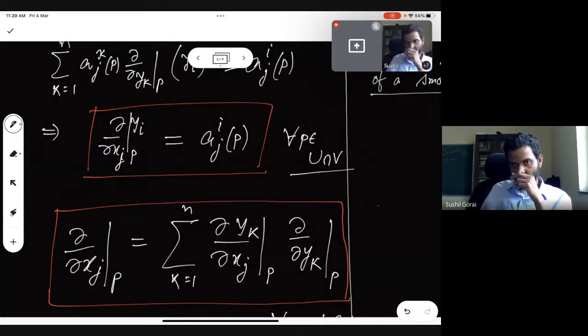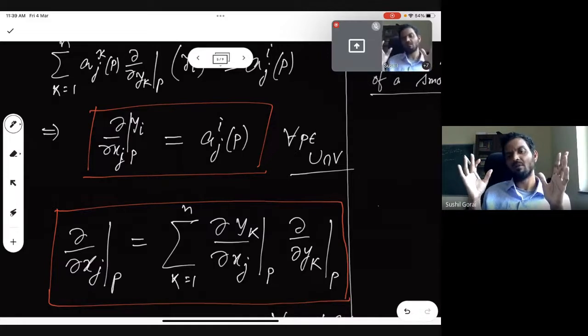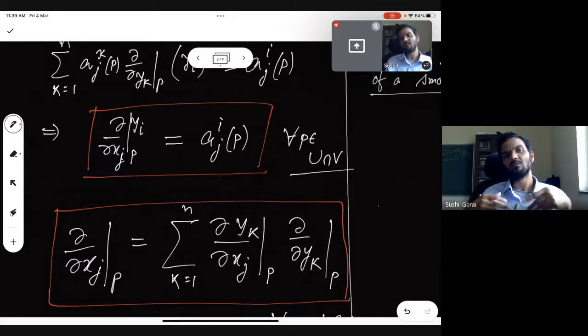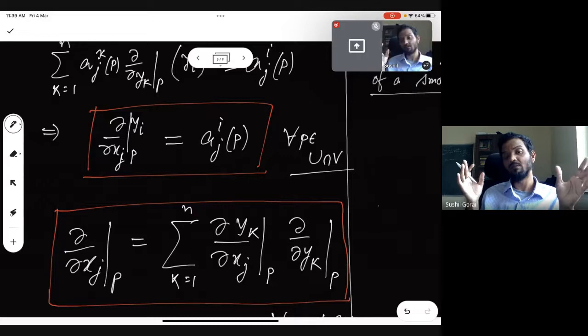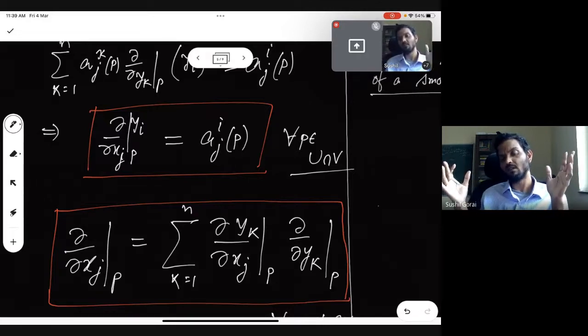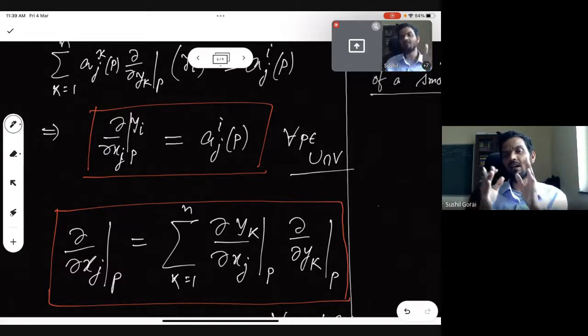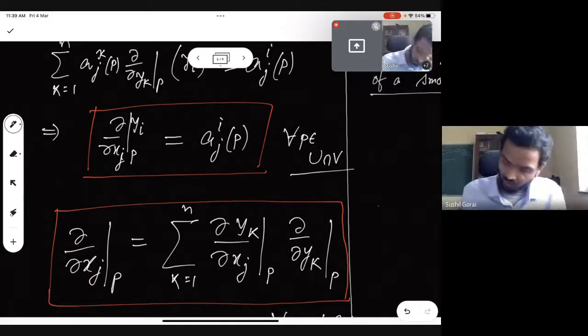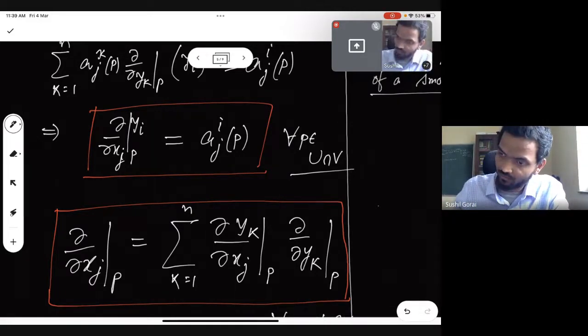Now we have a map from M to N, and the corresponding differential F star at P maps from T_P M to T_F(P) N. We want to represent that map, as P varies in a coordinate chart, in terms of a matrix. So let's do that.